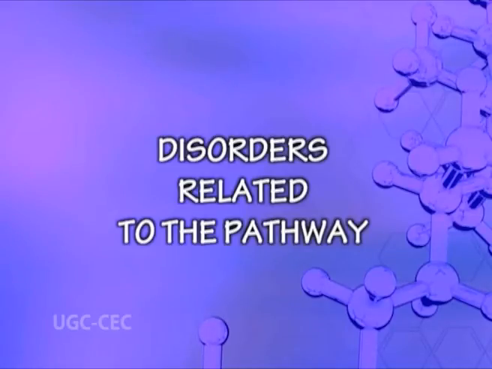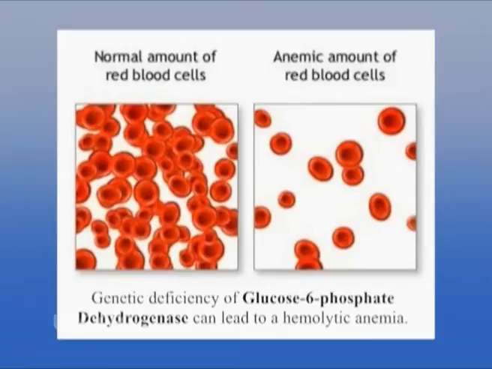Disorders related to the pathway: genetic deficiency of glucose 6-phosphate dehydrogenase can lead to hemolytic anemia because of an inadequate supply of NADPH within red blood cells. It affects around 400 million people around the world.